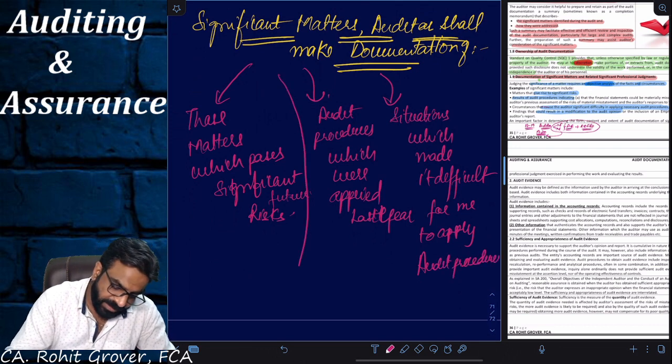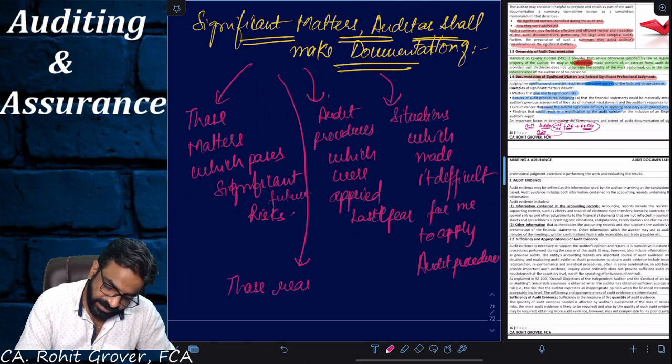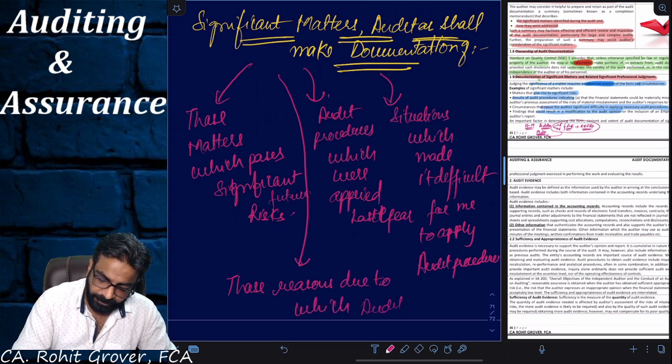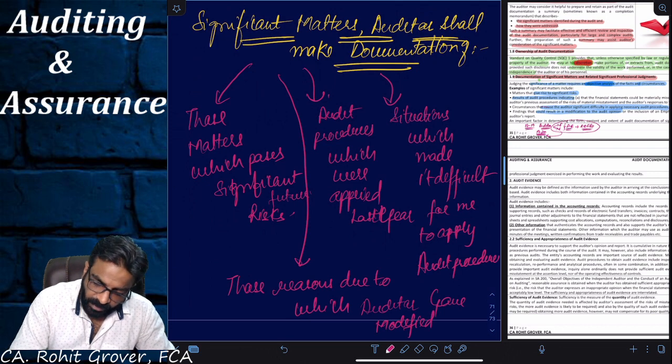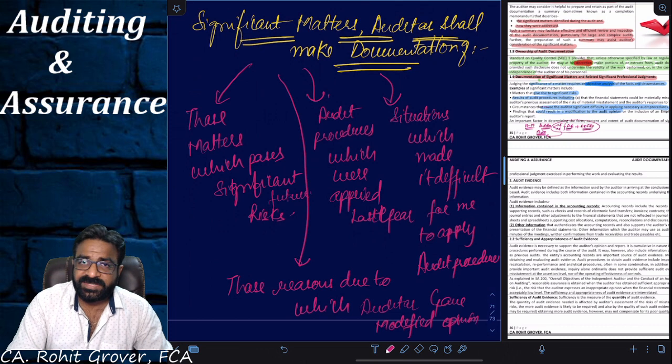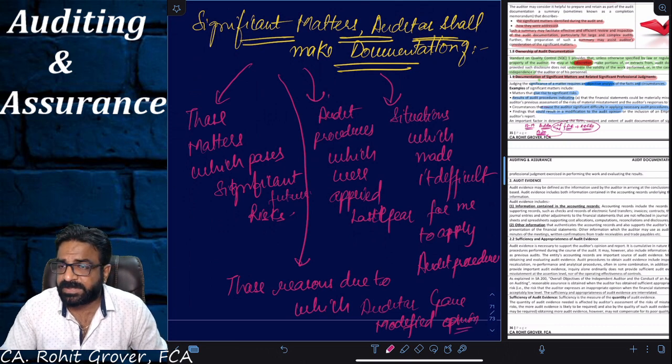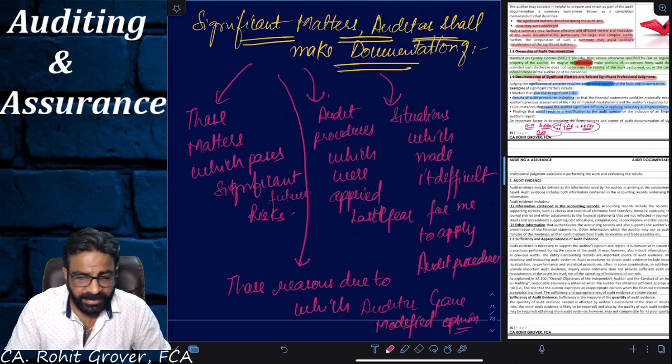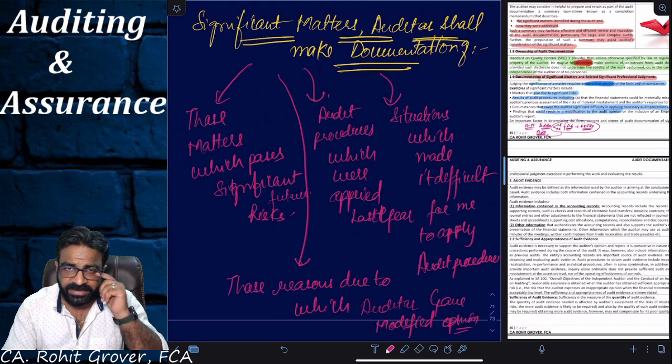And should I also make a record of those reasons due to which the auditor gave a modified opinion, everyone? Yes. I hope all of you are understanding what the lawmaker is trying to tell you. I hope I'm justifying your expectations in explaining the concept, everyone. Yes, sir. I hope everyone is understanding, listening to me properly, right?